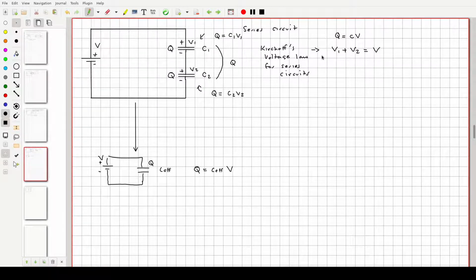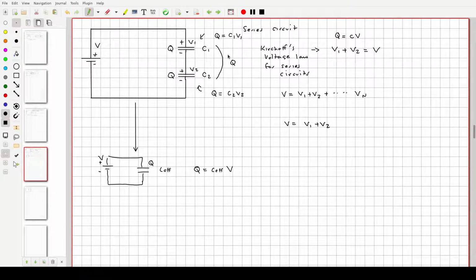Okay, so how do we get from here to here? Well, we're going to use Kirchhoff's voltage law. Kirchhoff's voltage law says that if you have a bunch of components in series, all you do is add up the voltages across them, or better yet, those voltages are distributed across each component this way. Here we only have two: V is equal to V1 plus V2.